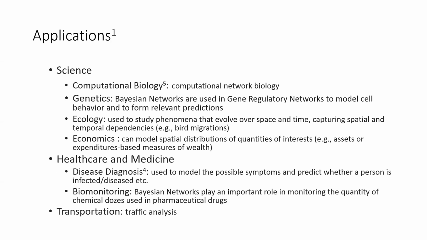In healthcare and medicine, notably in disease diagnosis, where causality is also important if it can be established, and in transportation for traffic analysis, where different variables define different actors, cars, buses, pedestrians, traffic lights, and the graph defines the dependencies between them.